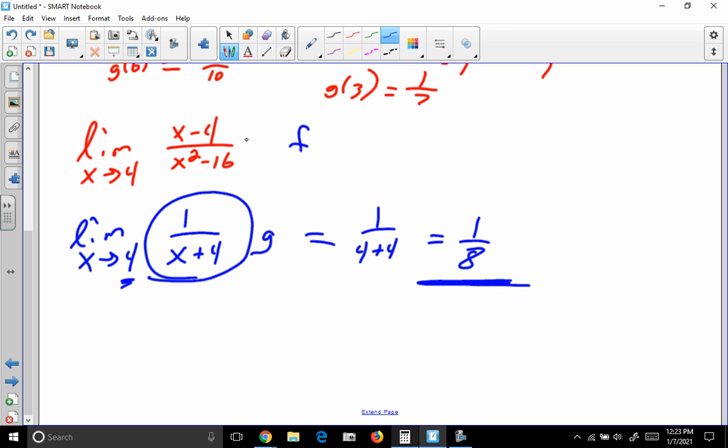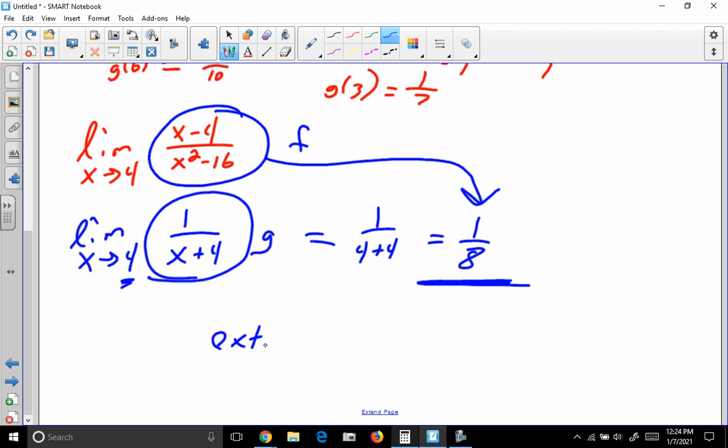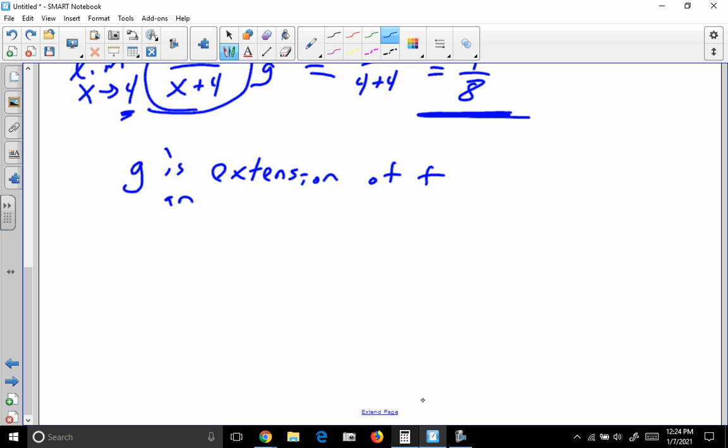This function is still undefined when x is 4, but if we were to compare x values really, really close to 4, like 3.9, 3.99, 3.999, then the answer would be approaching 1 over 8. G is referred to as an extension of f. It's a comparable function that differs at a single point.